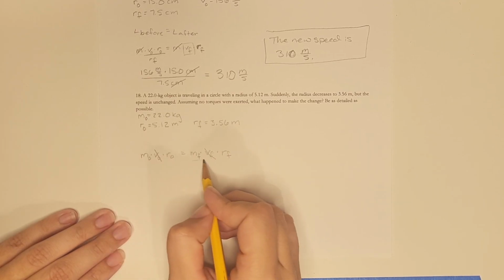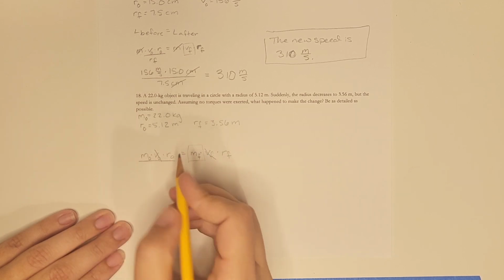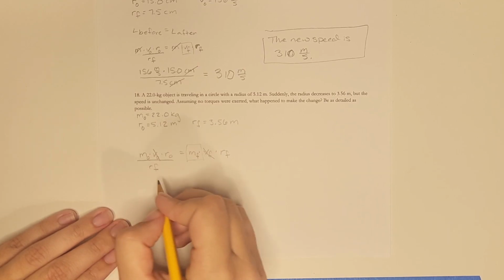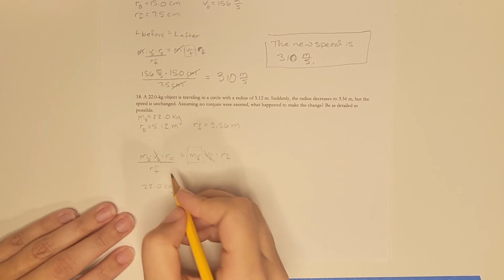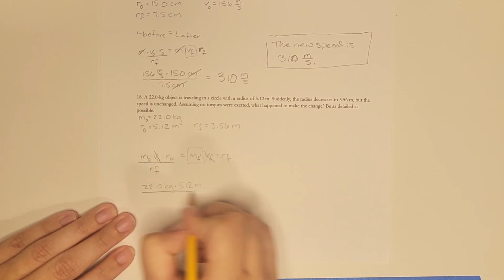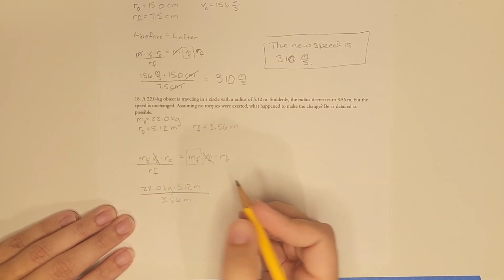We're going to be solving for this final mass. So we'll divide the initial mass and radius by the final radius to get that. So we have 22.0 kilograms times 5.12 meters, and divide that by 3.56 meters.